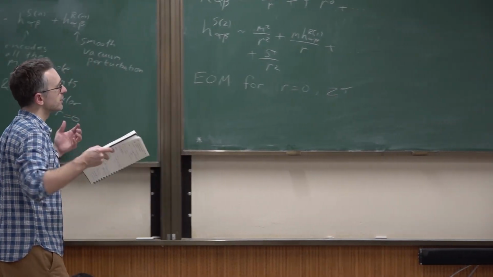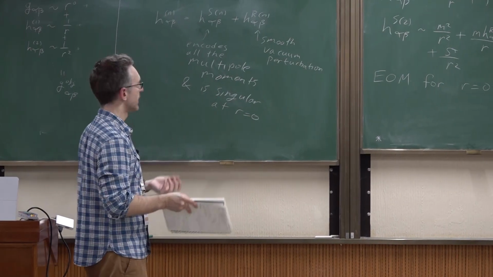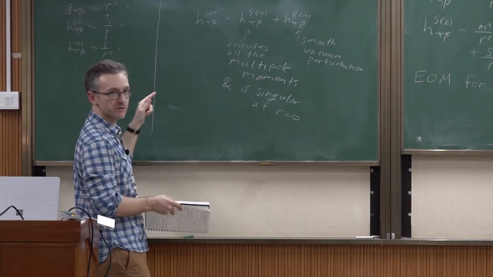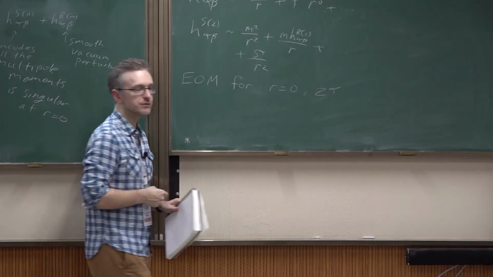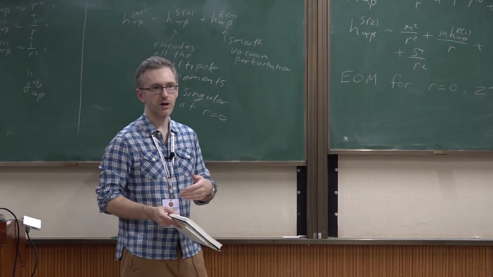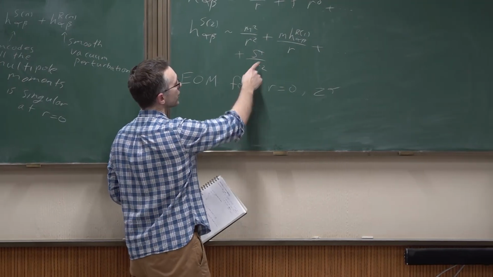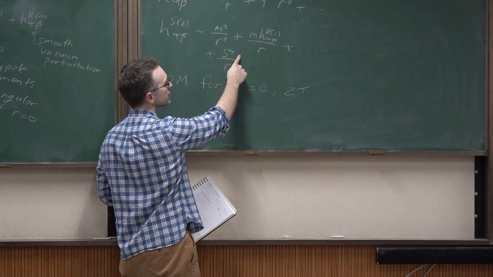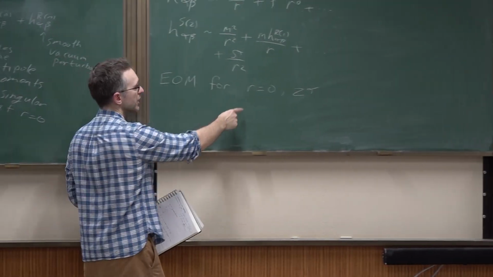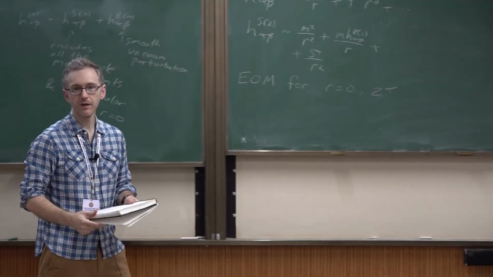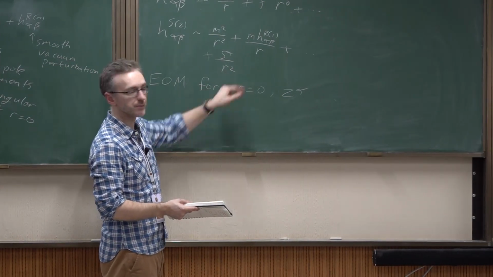But this is kind of an emergent thing that comes from zooming out. When you zoom out, you get this structure, then you can identify where things are singular. That's defining for us a representative curve for the small body, regardless of whether it's a material body or a black hole. Now here, I could have included a mass dipole moment, but I've set that to 0 such that r equals 0 is now the center of mass of the small object, in that particular sense, that there's no mass dipole moment.